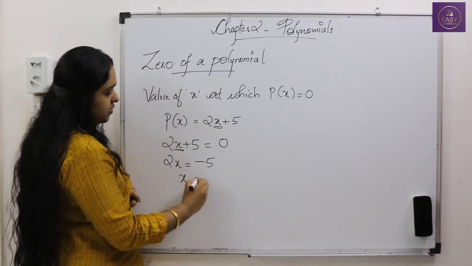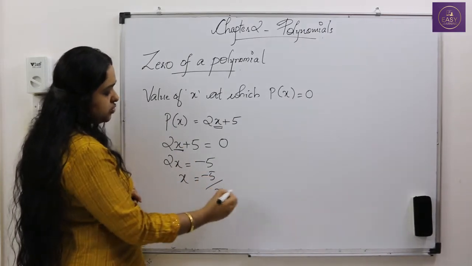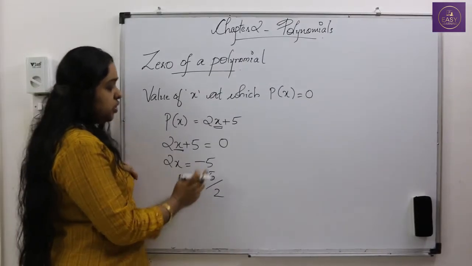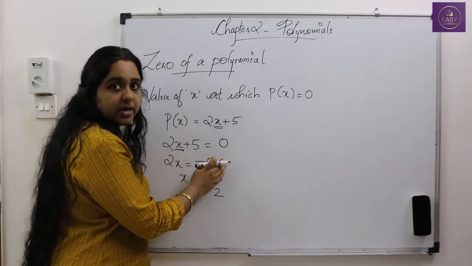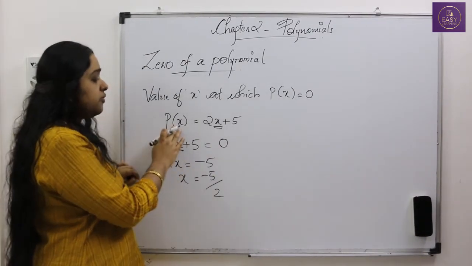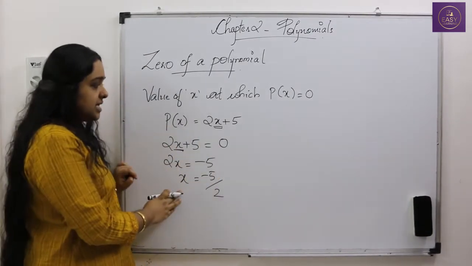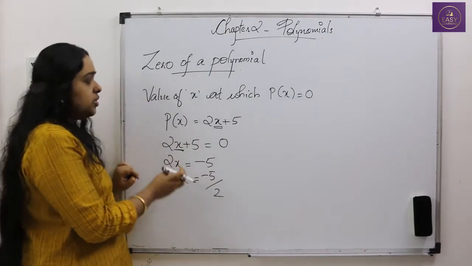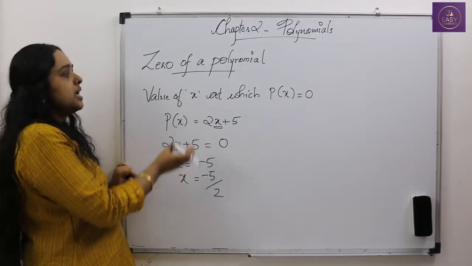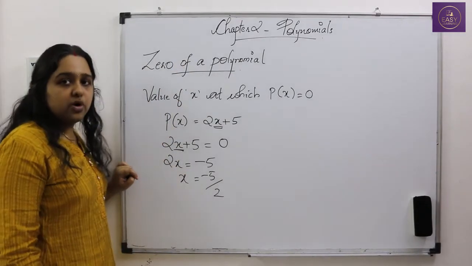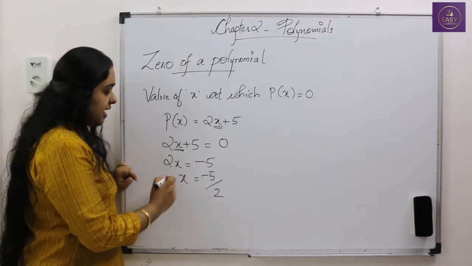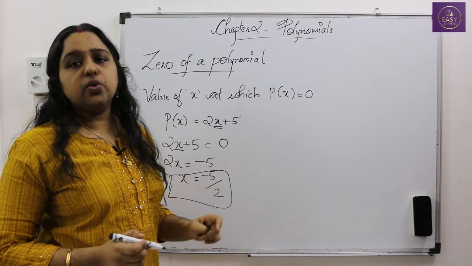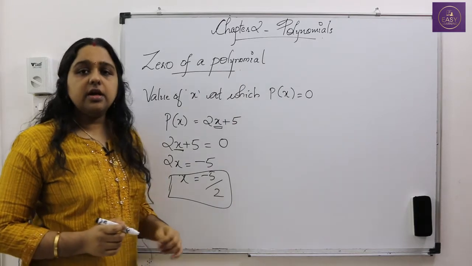Okay, x equals minus 5 by 2. When x becomes minus 5 by 2, this equation will become 0. That means our p of x will become 0 when x takes a value minus 5 by 2. So this value of x is called 0 of a polynomial.